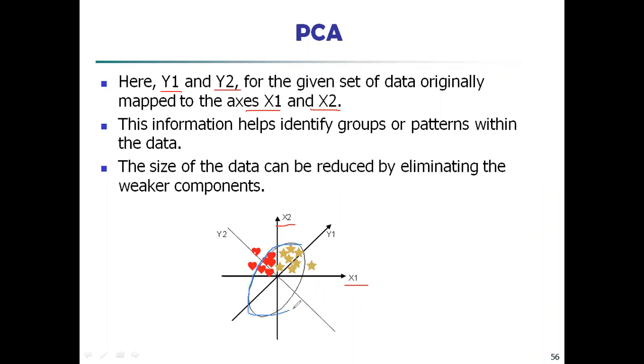Whichever data points come within this boundary, only those will we consider. If you find data outside this boundary, you are going to remove it. So this star you are going to remove.